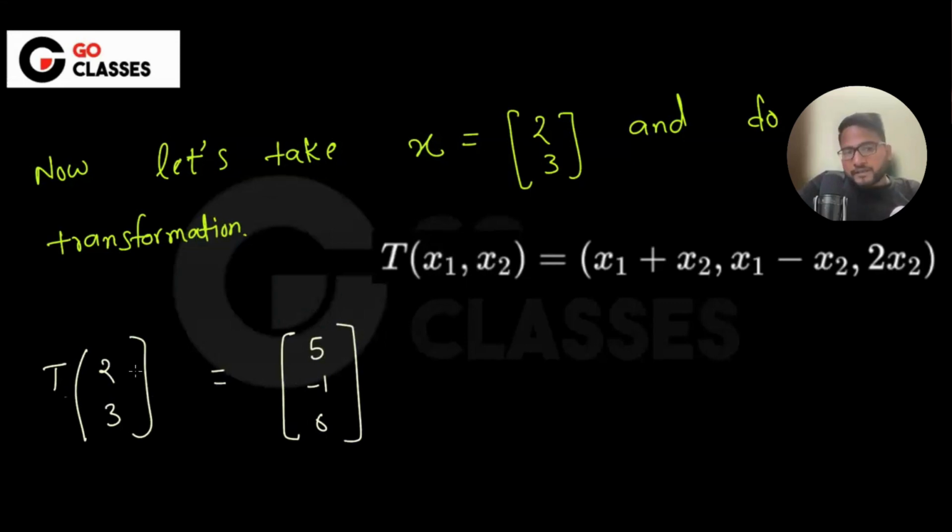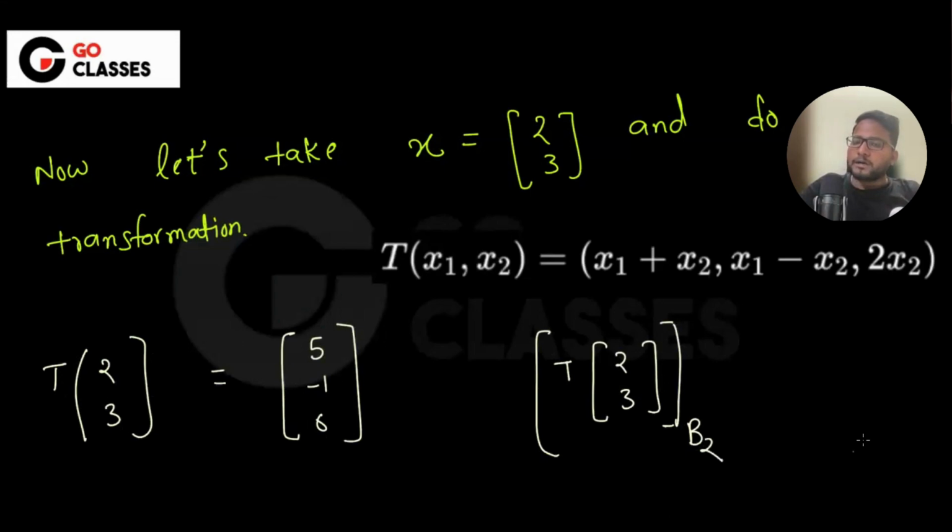ठीक है. But is this my final answer? Let's suppose I'm looking for the answer in the basis b2. I want the transformation, but ultimately I'm looking in the b2.